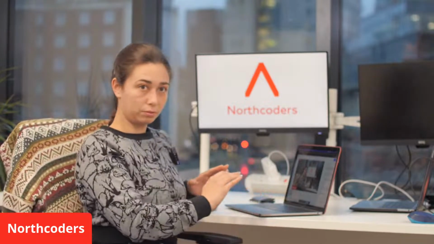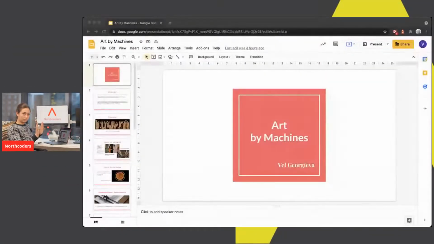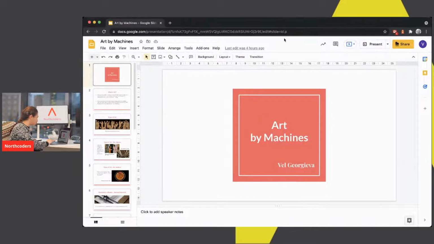I'm showing my screen now. Yes, wonderful. Let's just make sure I have the correct end of the stick. Art by machines, present.